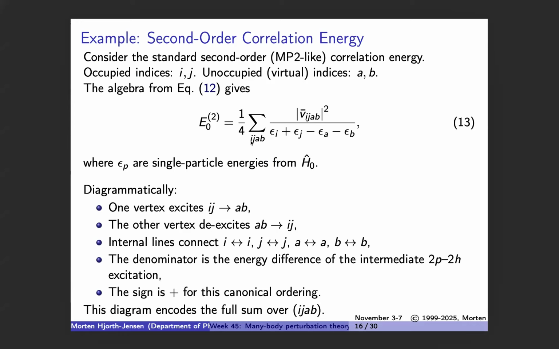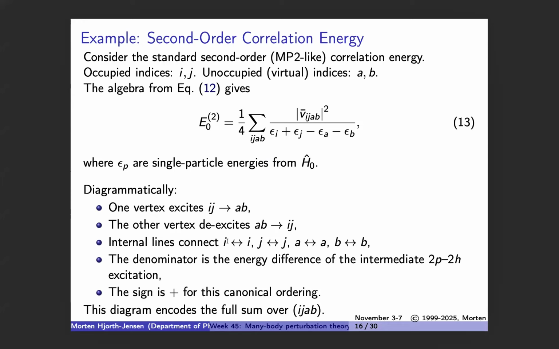So essentially what this diagram represents is a two-particle, two-hole excitation, which represents an intermediate state, and then the system gets de-excited by new interactions and goes back to the ground state.